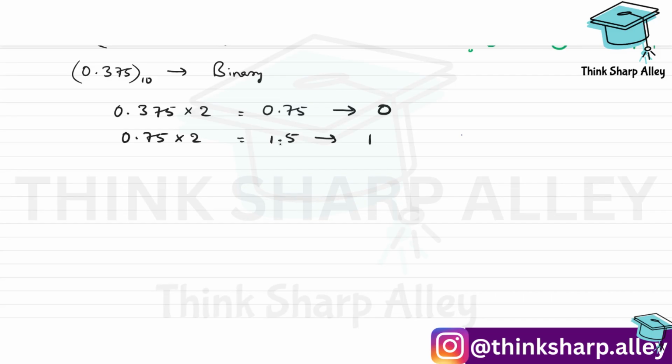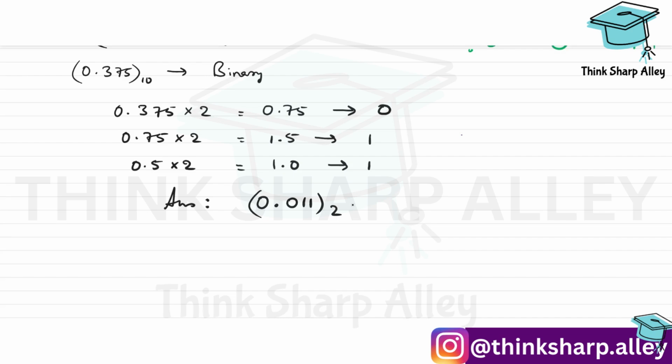Important point, do not multiply 1.5. Take only the fractional part. So the fractional part over here is 0.5 and we'll multiply that by 2 and not 1.5. Now the fractional part becomes 0, so we stop over here and our answer will be 0.011 base 2.